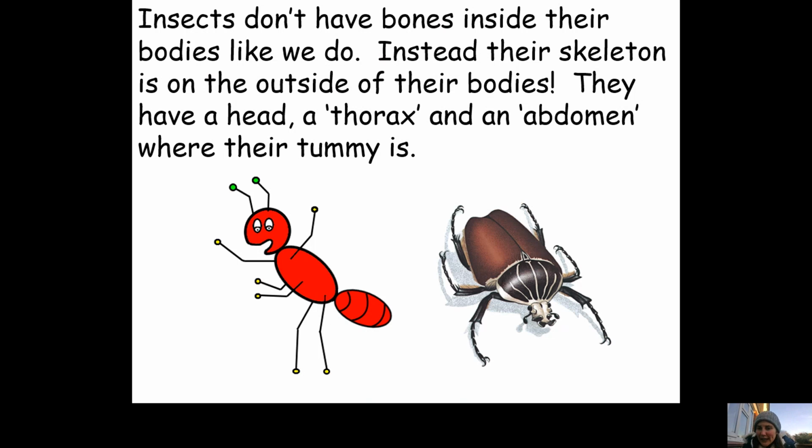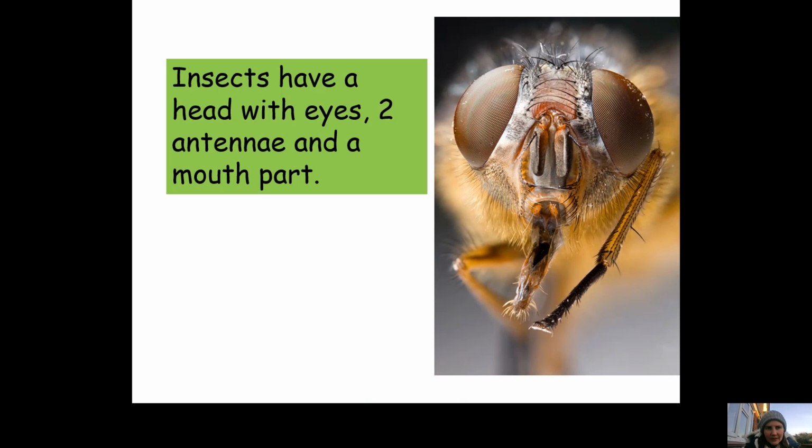They have 3 parts to their bodies. They've got a head, a thorax, and an abdomen. On their head, insects have eyes, 2 antennae, and a mouth part.